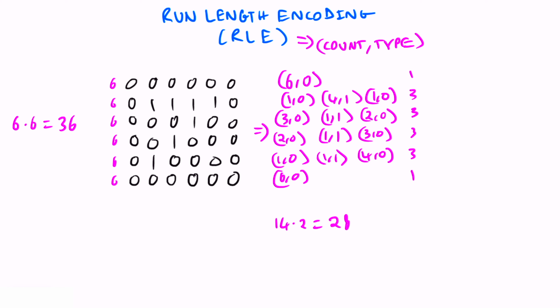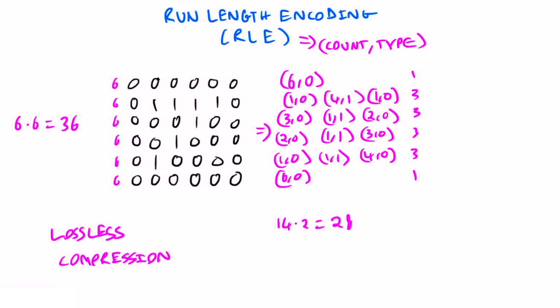Run length encoding is a special type of compression algorithm called lossless compression. Lossless compression preserves 100% of the original data, which means if you were sent our compressed image, you would be able to reconstruct the original image by simply applying the same algorithm in reverse.